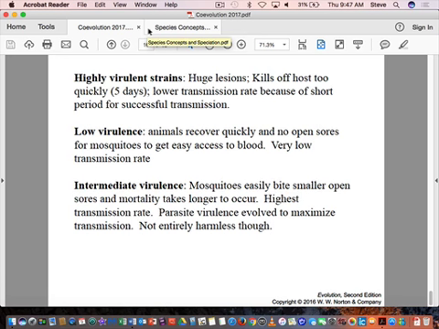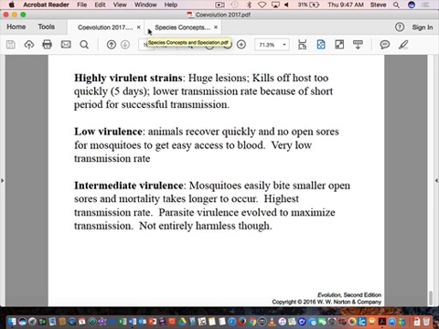That is, they result in a higher rate of infection of new rabbit hosts. So the basic idea here is parasite virulence evolved from high virulence to intermediate virulence because that really maximized the transmission rate. It didn't go to avirulence because that had a really low transmission rate.